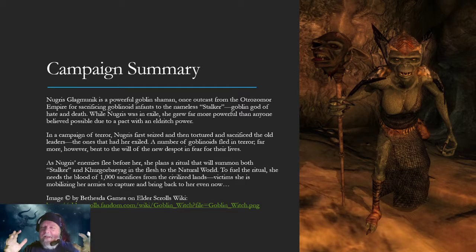I think that goblins are one of the few monster types in D&D that you can actually build an entire campaign around as the core central antagonist for your campaign.